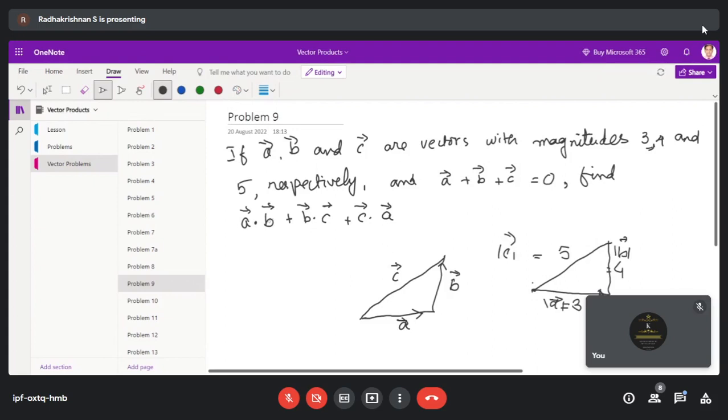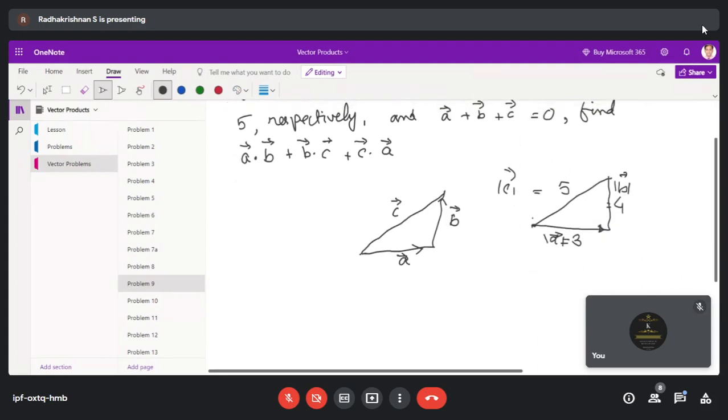What is A dot B plus B dot C plus C dot A? So look at this triangle. What is A dot B? A and B are perpendicular, so the dot product is 0, because cos 90 is 0.